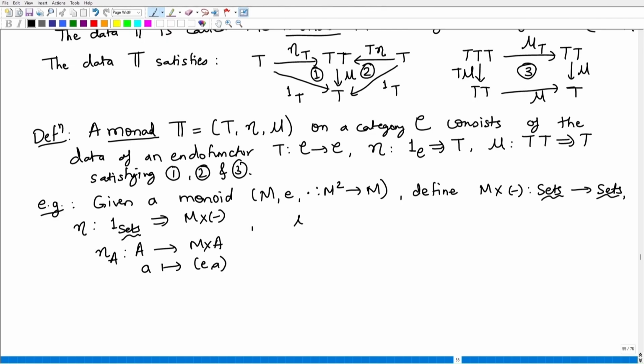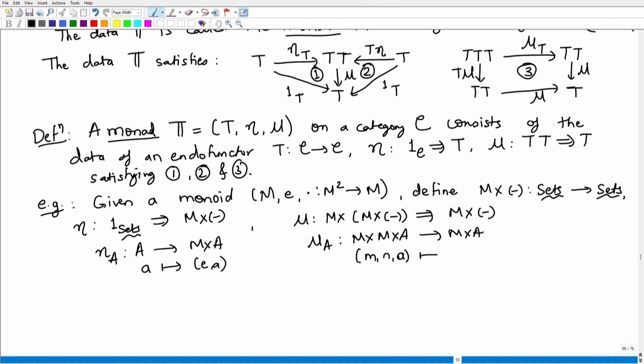And what should be mu? Mu should be the multiplication of the monoid, but you have to do it properly. So, M cross M cross blank to M cross blank. So, mu sub A will go from M cross M cross A to M cross A, which takes a triple M, N, A and maps it to Mn comma A.